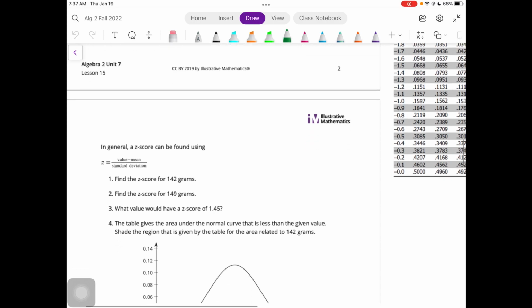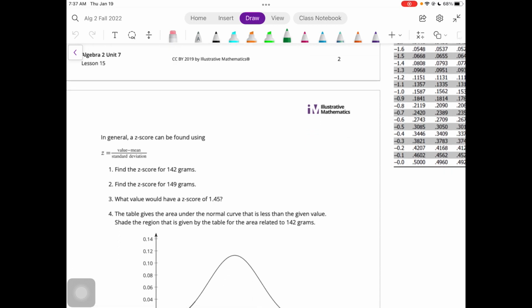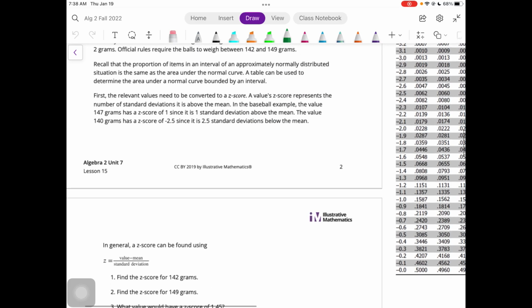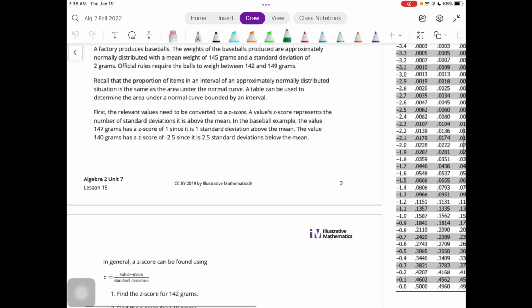In general, your z-score can be found using this formula: z equals the value minus the mean, divided by the standard deviation. To make things easier, I'm going to write the mean here, since we're scrolling. And our standard deviation is 2.